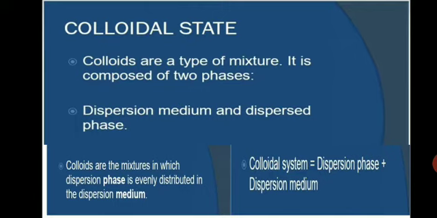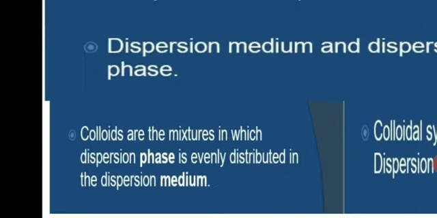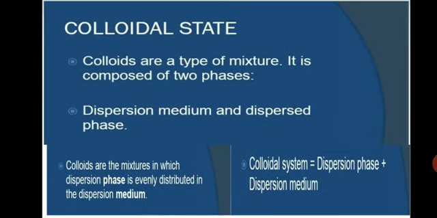The component present in a smaller proportion is the dispersed phase, while the one present in greater proportion we call the dispersion medium. That means, in a solution we know that the solute is in smaller quantity and the solvent is in larger quantity.